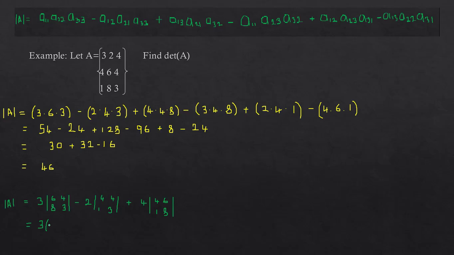That's just equal to 3 times 14 minus 2 times 8 plus 4 times 26, and that's just equal to 42 minus 16 plus 104, and that's just equal to 46. So there we have it, the direct definition of determinant.